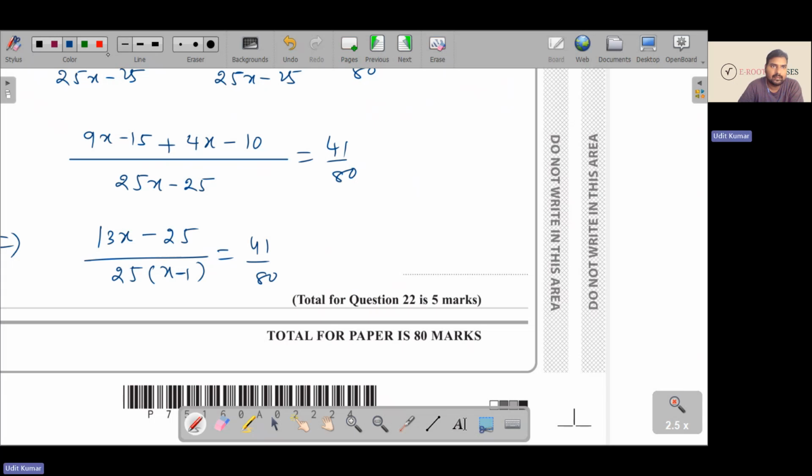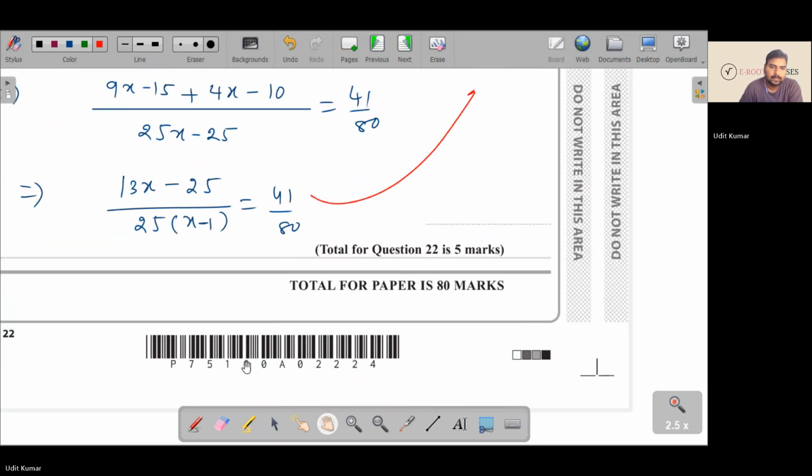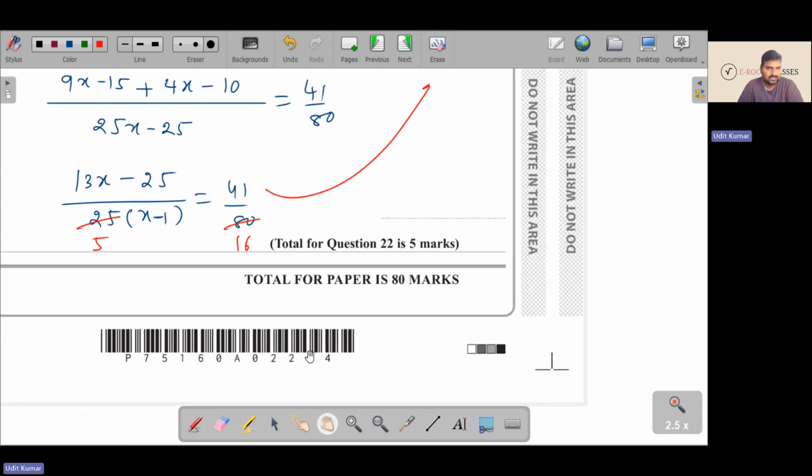Then we can cancel out 5, and this will go with 16. Now I'm doing the cross multiplication here.